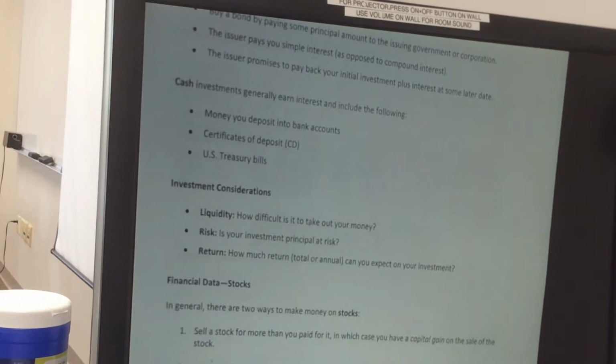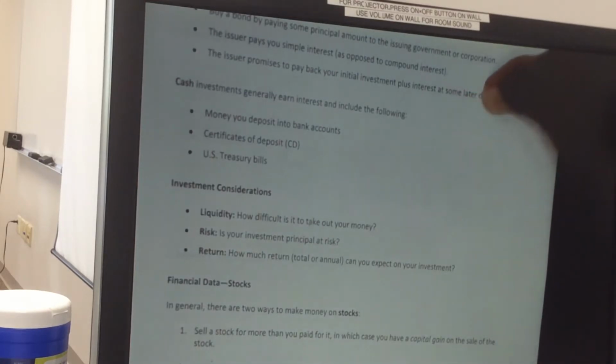That's one consideration you want to take. The risk is very important. Is your investment principal at risk? Every time you invest in a bond or cash investment or in the stock market, there's risk involved. And your return, how much return, total or annual, can you expect on that investment?